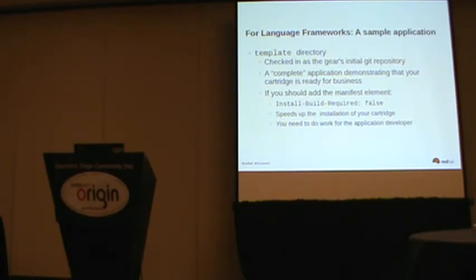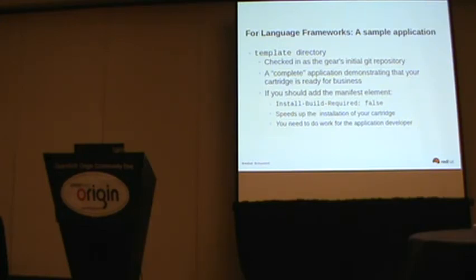So they go, app create, blah, blah, blah, in the RC. When that cartridge gets added into that gear, this template directory, and I'm literally saying the word template, that's what we called it, is where your sample app for your potentially web framework lives.